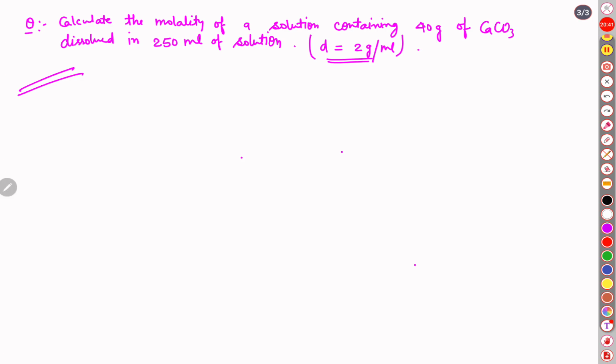Question is: 2.5 gram of ethanoic acid is dissolved in 75 gram of C6H6, means benzene.